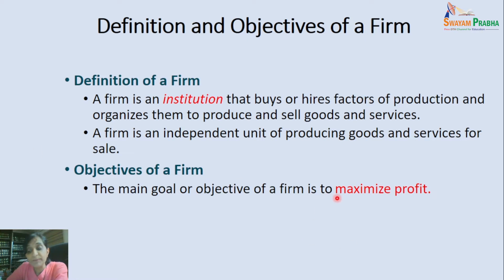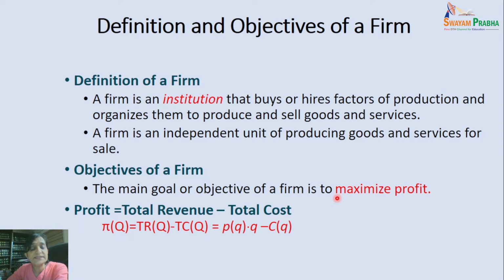Okay, now what are profits? We already have discussed earlier that profit is the difference between total revenue and total cost. What is total revenue? Total revenue is the price of the product that you are selling multiplied by the number of units that the firm is selling. So P into Q is your total revenue.